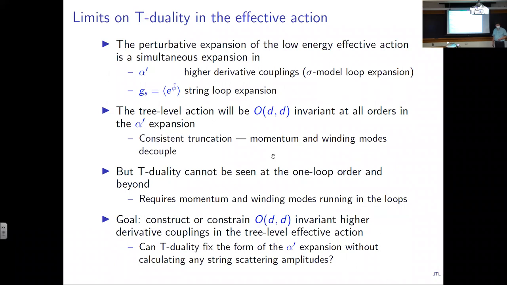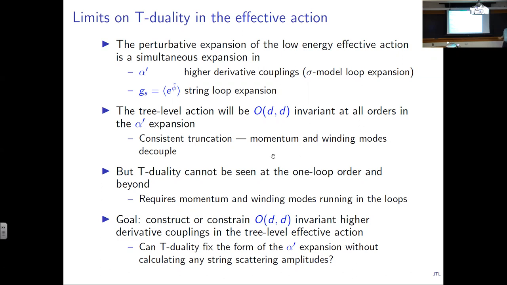Whereas if you think about the string genus or the loop expansion, one loop, two loops, higher loops, there you can actually have string states running through the loop. And in order to see T-duality in the loop part of the effective action, you really have to include the string tower states, the string momentum and winding modes, which we do not do.